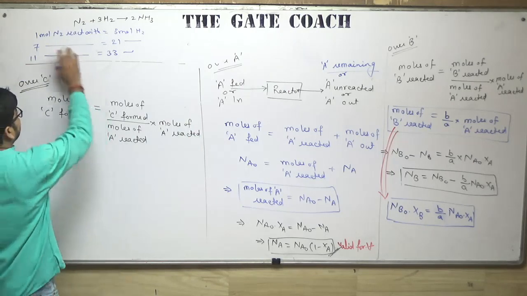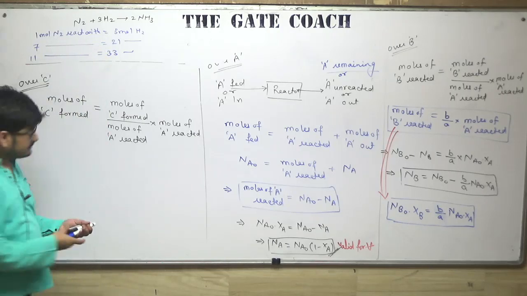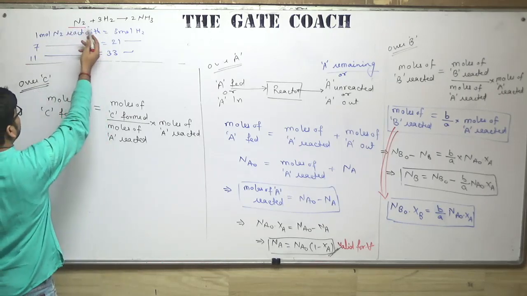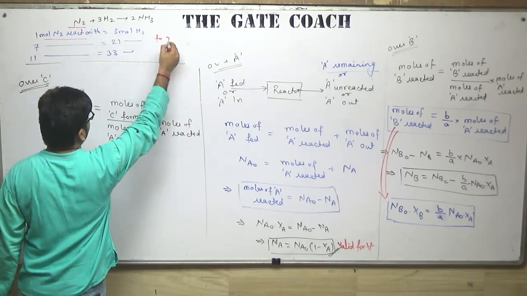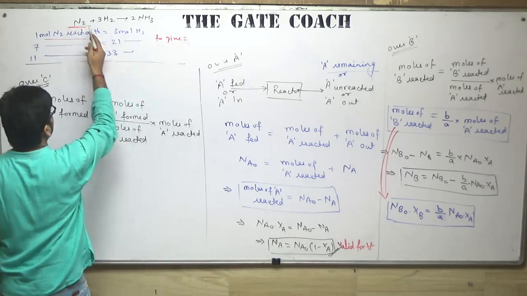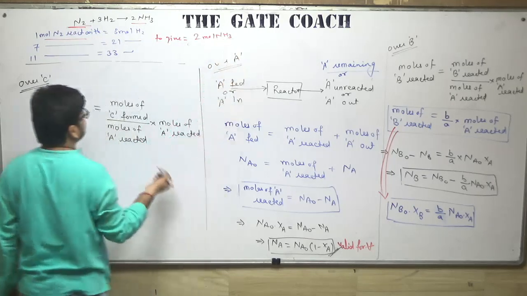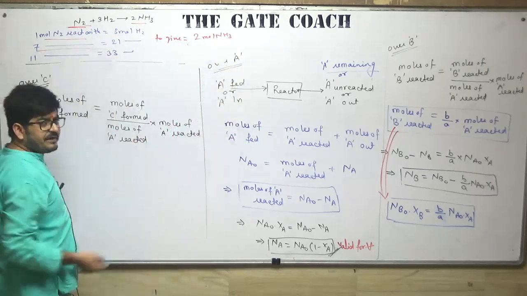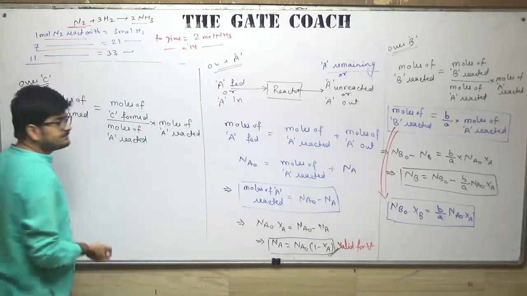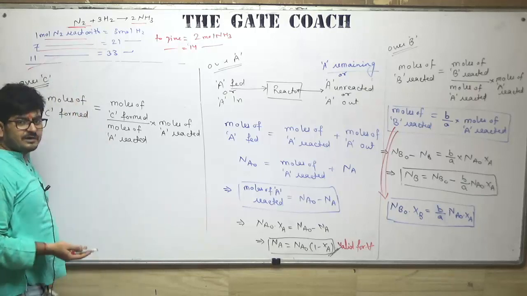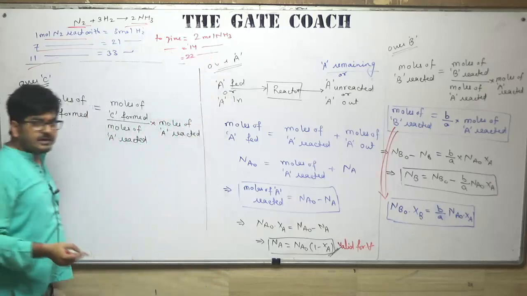Now again from the ammonia synthesis, you can see that 1 mole nitrogen reacts to give 2 moles ammonia. 7 moles nitrogen will react to give 14 moles of ammonia. 11 moles of nitrogen will react to give 22 moles of ammonia.